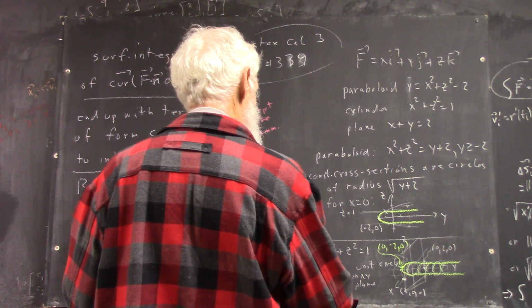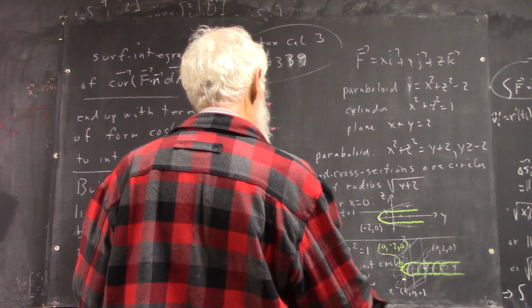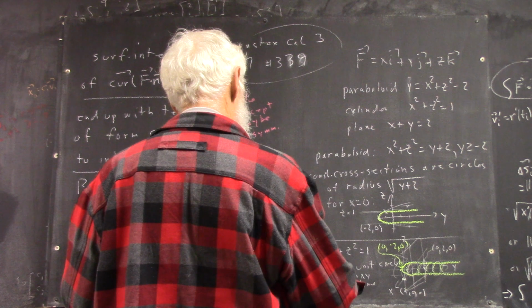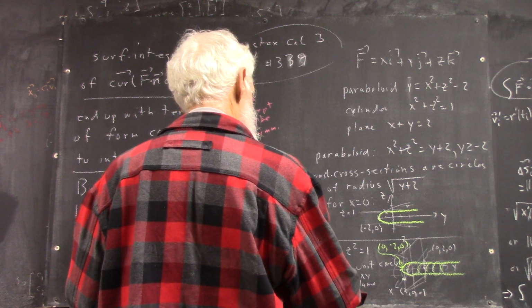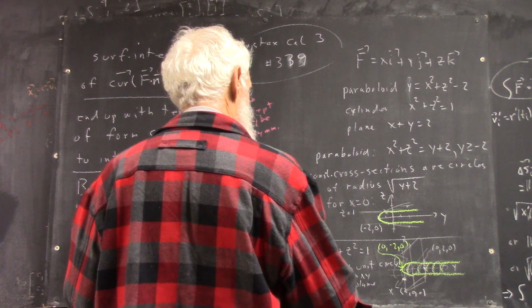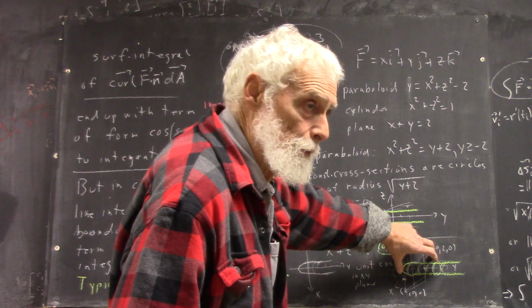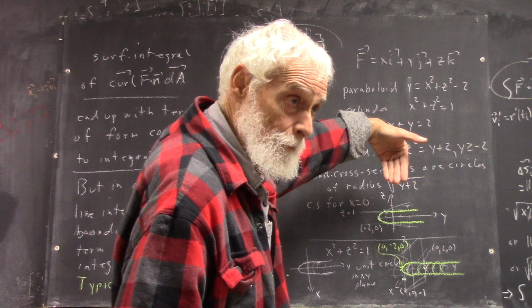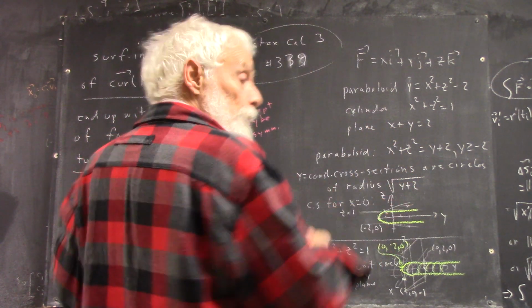And now, here's y, and here's x, just to orient it the way you would see it if you looked from above. If you want to rotate it this way, that's fine.